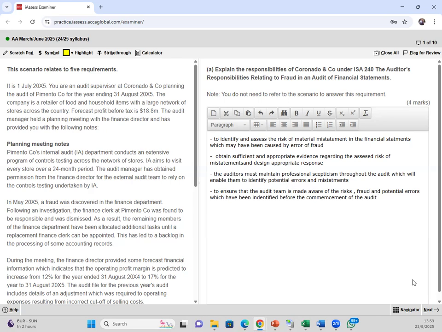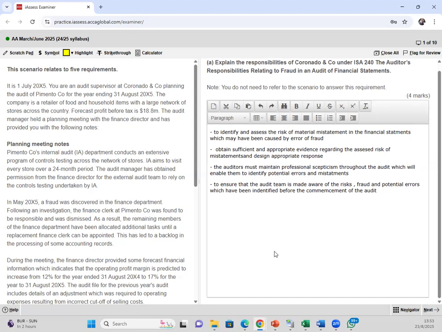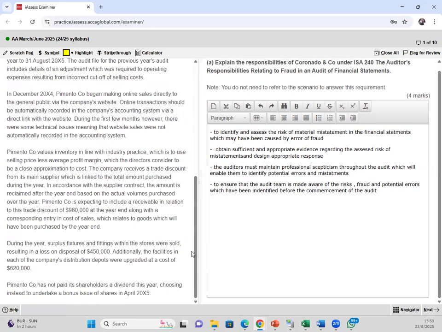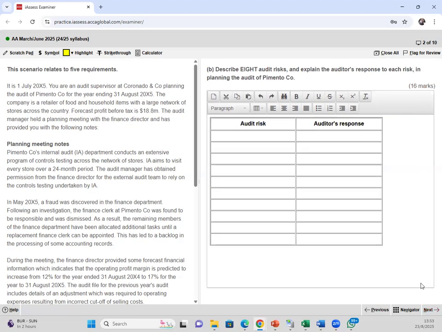So I think the first thing here should be, let's go to the question and know what the requirement was. Then we can get to read the case. So: describe 8 audit risks and explain the auditor's responses. So audit risk and the auditor's responses.